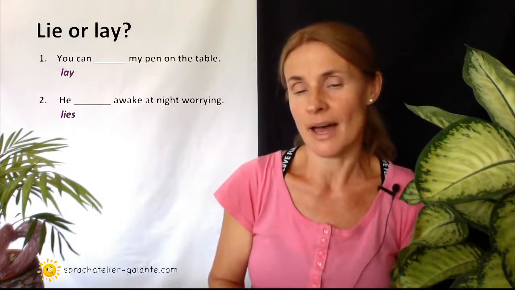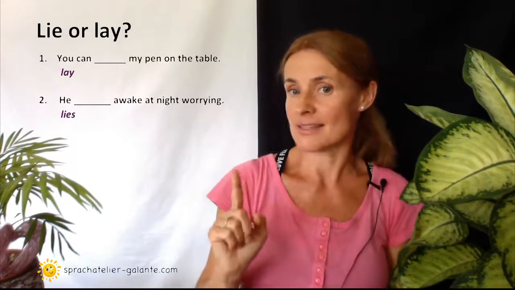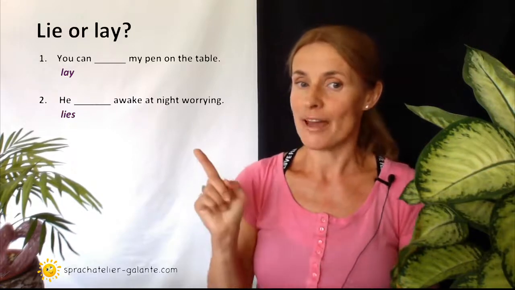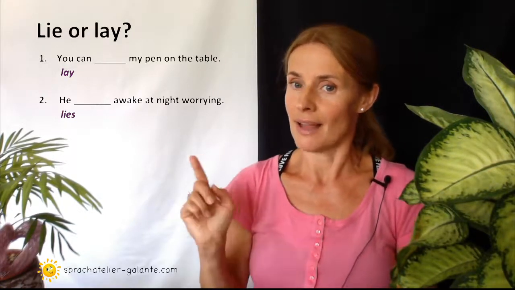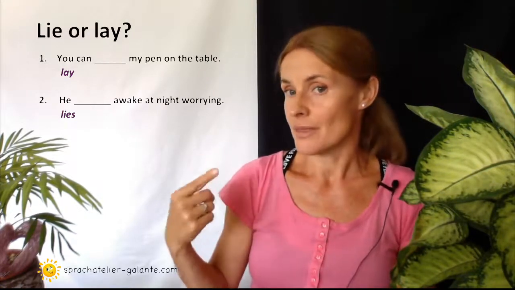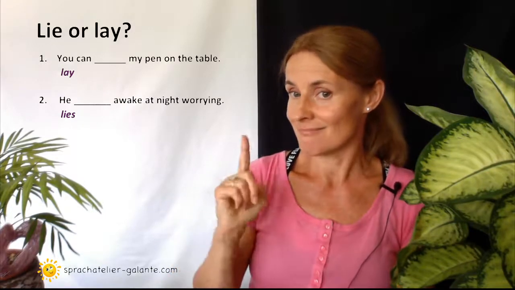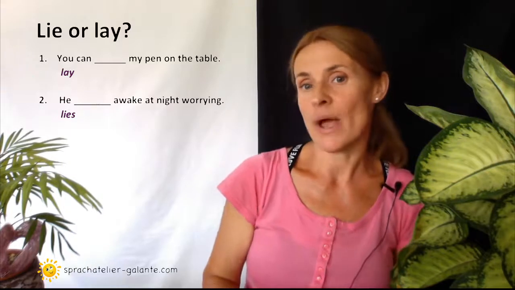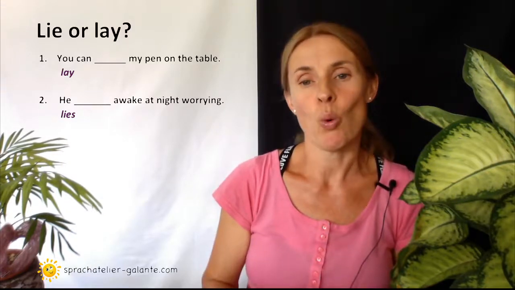If you think of him doing this regularly or constantly, he always lies awake at night worrying. But if you wanted to talk about last night, then we would have to put this verb lies in the past form, which is lay. Exactly. It would be he lay awake last night worrying.